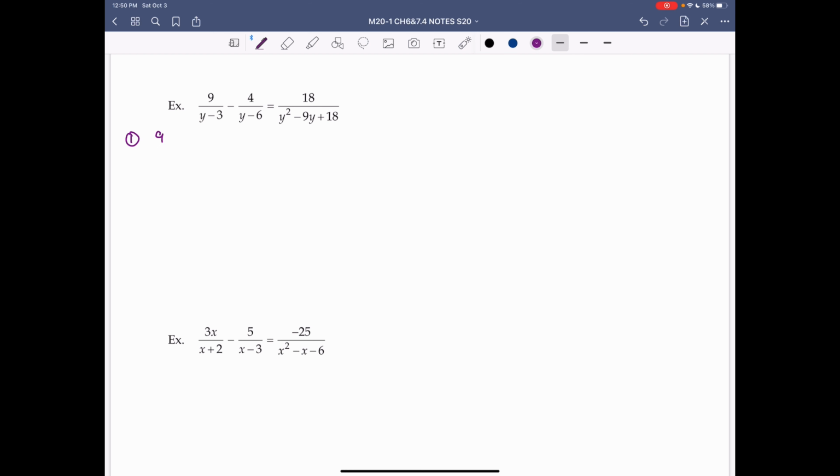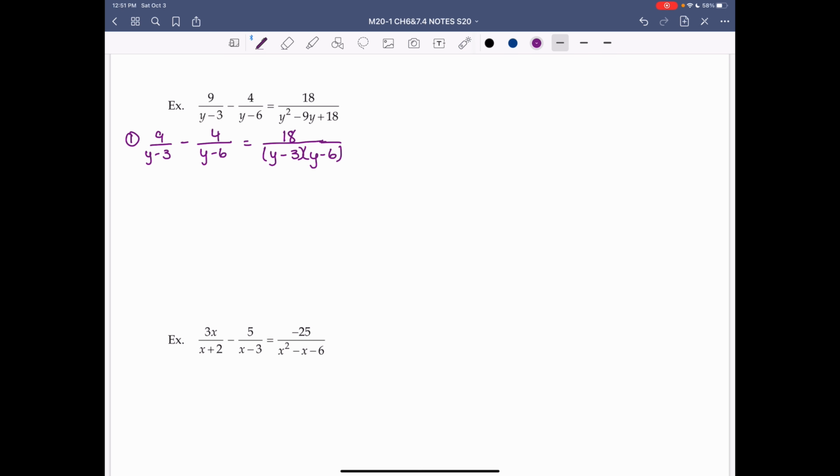It's a basic trinomial. We want two numbers that multiply to 18 and add to -9, which would be y minus 3, y minus 6. Those multiply to positive 18 and add to -9.